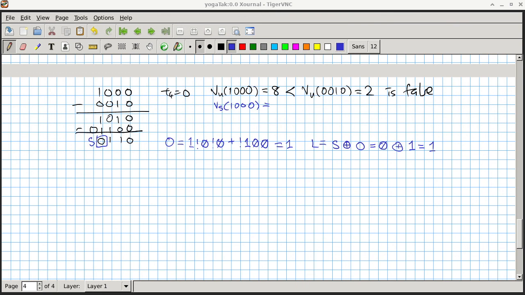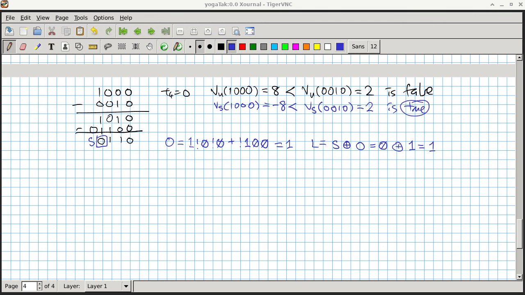So this turns out to be negative 8, and we are now asking, is it less than the signed integer represented by 0010? Well, 0010 is still just representing 2. So the answer is, yeah, I think so. I mean, negative 8 is less than 2. Sounds good to me.